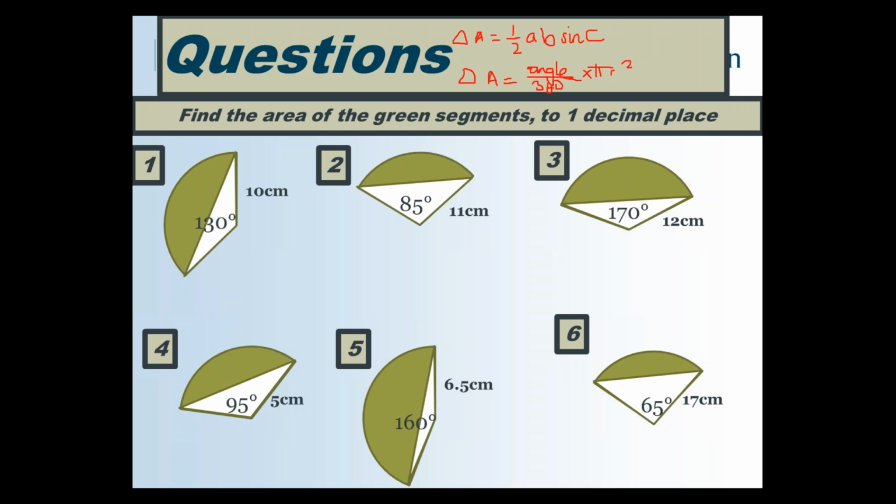For the second one, I got the sector as 89.7 centimeters squared, and then the triangle I got 60.3. So what's that? 29.4. We've also just pressed plus instead of minus.